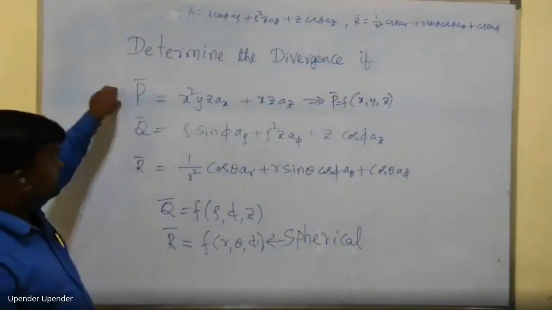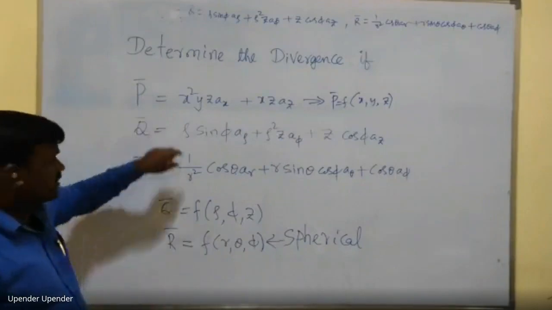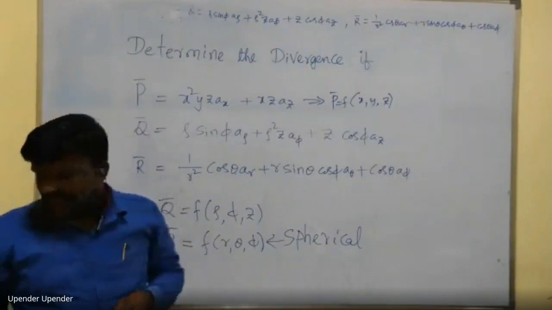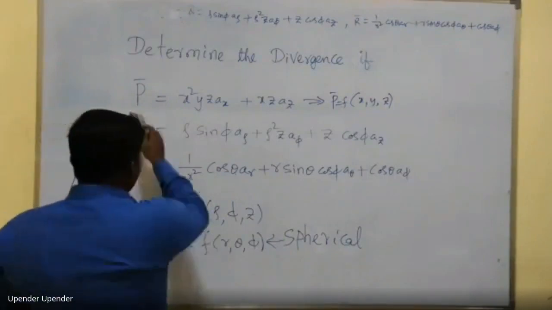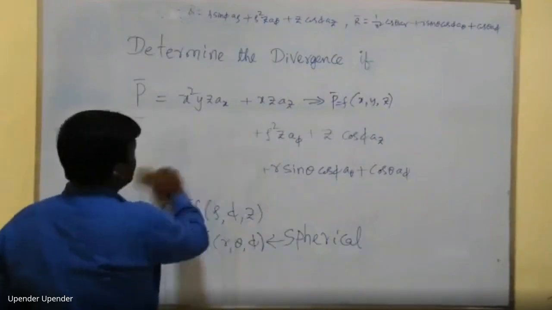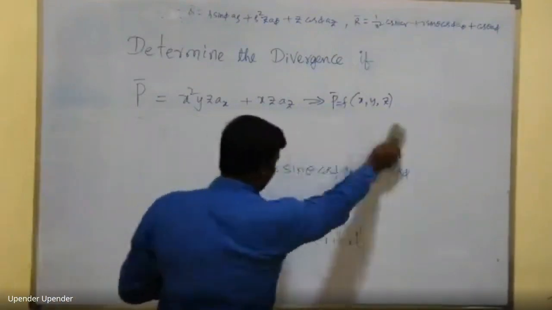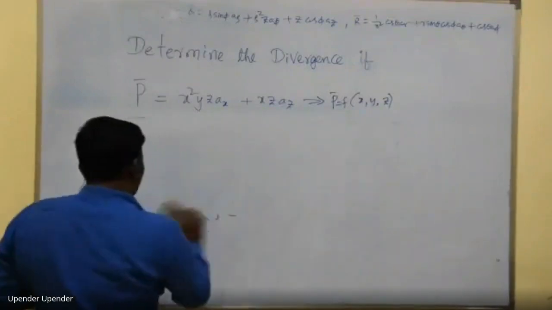P bar is given in Cartesian coordinate system, q bar is given in cylindrical coordinate system, r bar is given in spherical coordinate system. First we will find divergence of this p bar, then we will move to divergence of q bar and r bar.